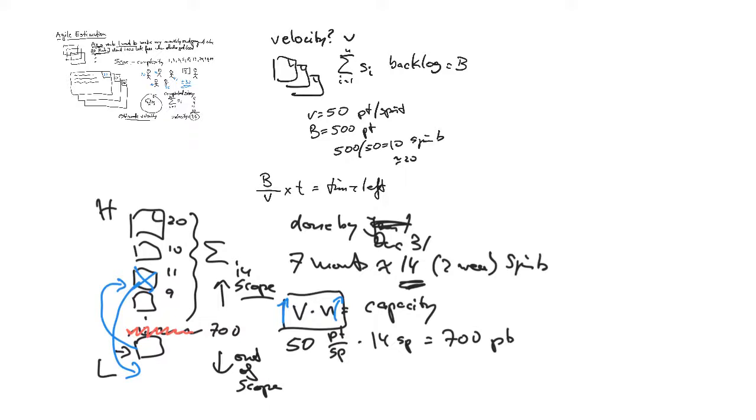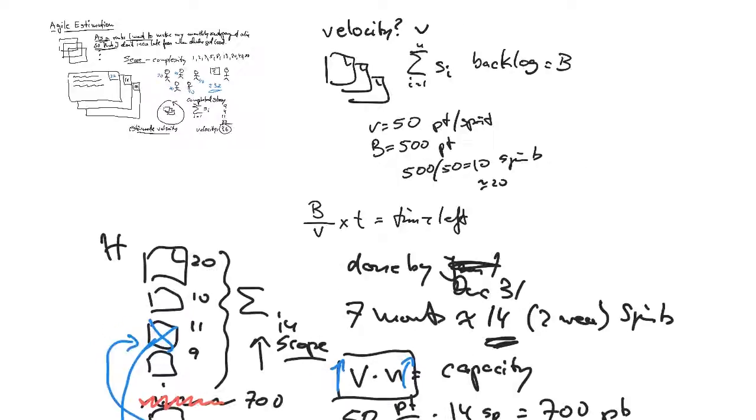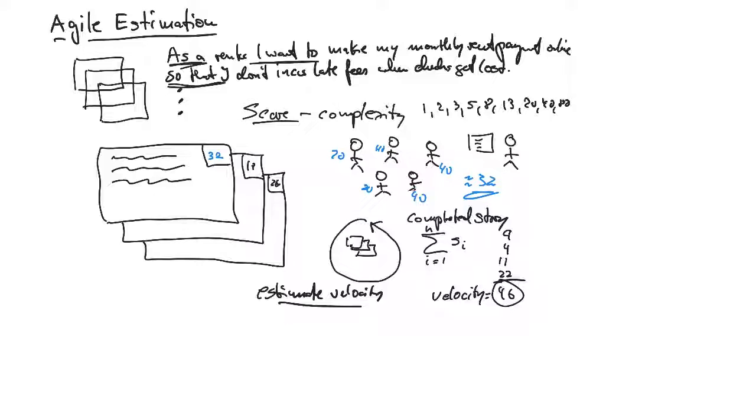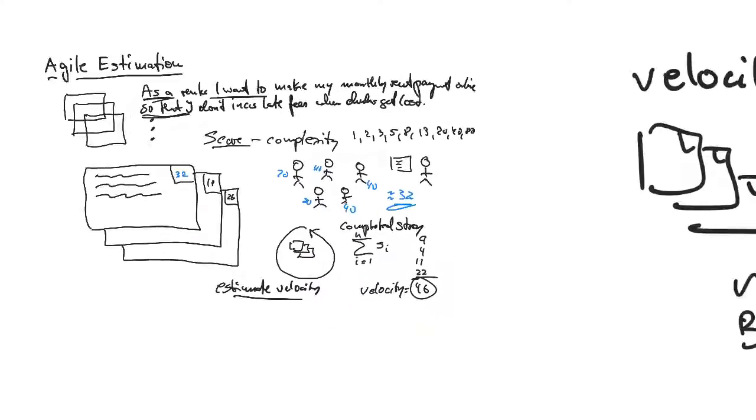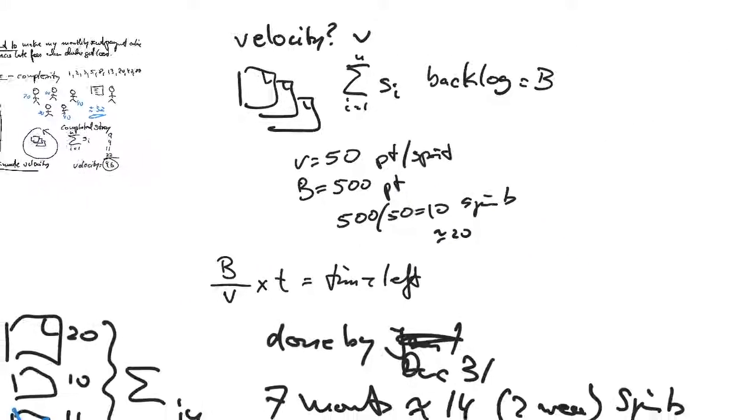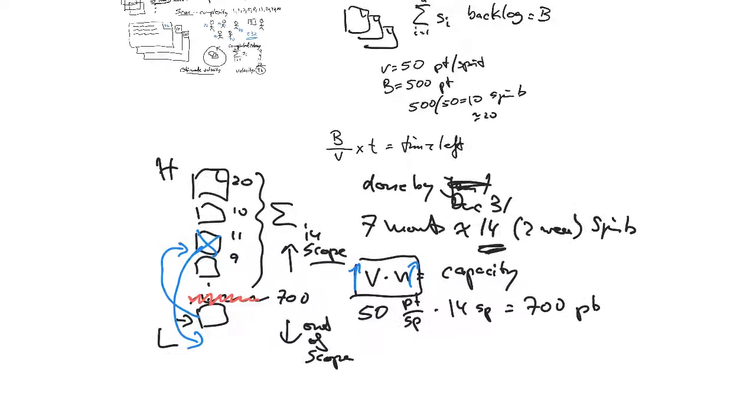The key thing is that you have to measure your velocity, and the key thing is that you have to understand the complexity of your stories. So you need to agile estimate, you need to understand the velocity, and then you can make your calculations.